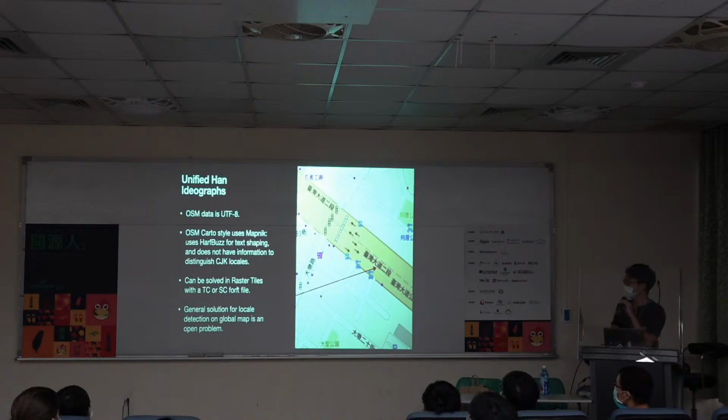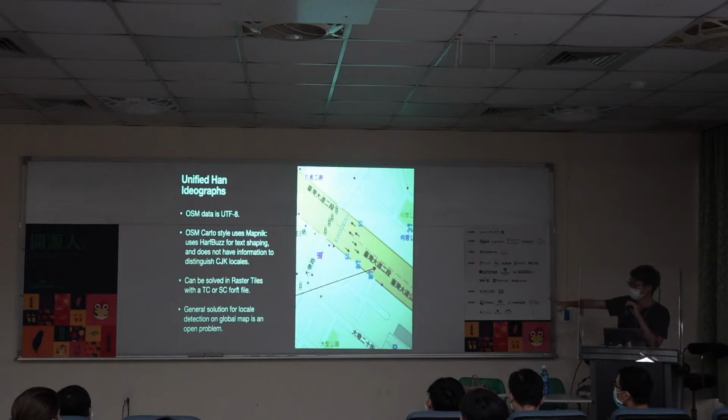The most common example of this in OpenStreetMap is this character dao. In Taiwan, the character dao is written with 13 strokes, but in the PRC it's written with 12 strokes. And anywhere you go in Taiwan, it will use what's called the simplified Chinese locale character for this.